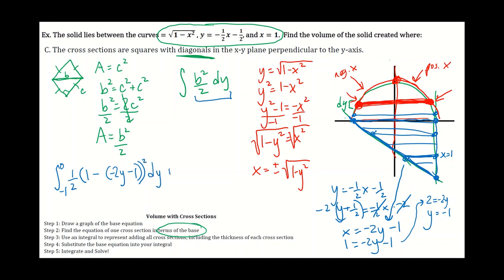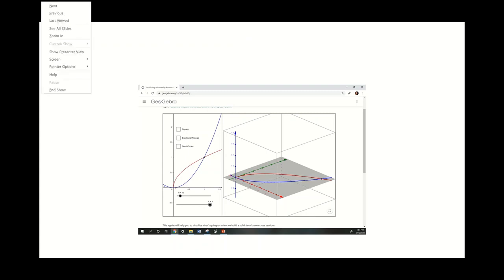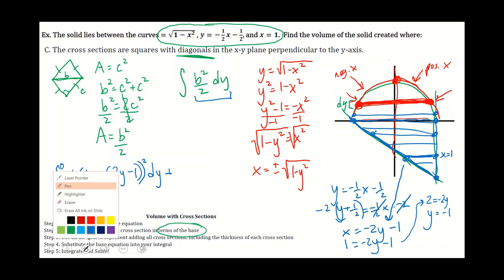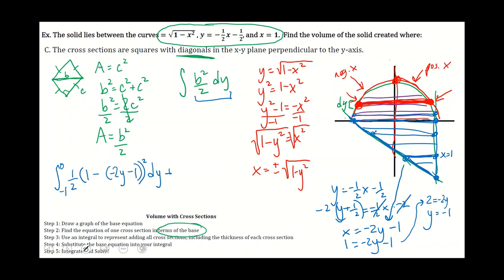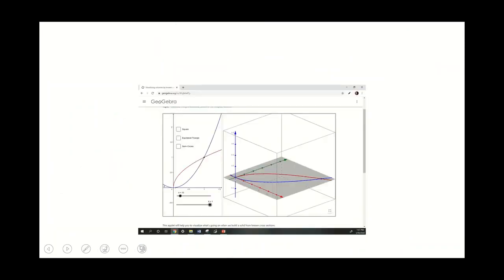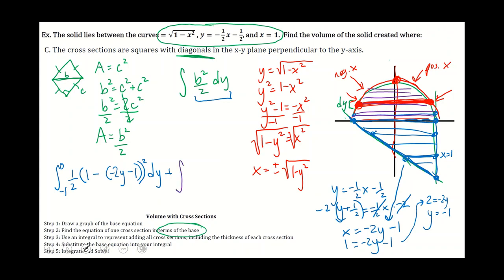And then we also have these upper bases here, those upper diagonals, which is the integral from 0 to the upper y value, which is 1, of the quote-unquote upper function, which is the positive part of this, so the positive square root, minus the quote-unquote lower function, which is the negative square root part.